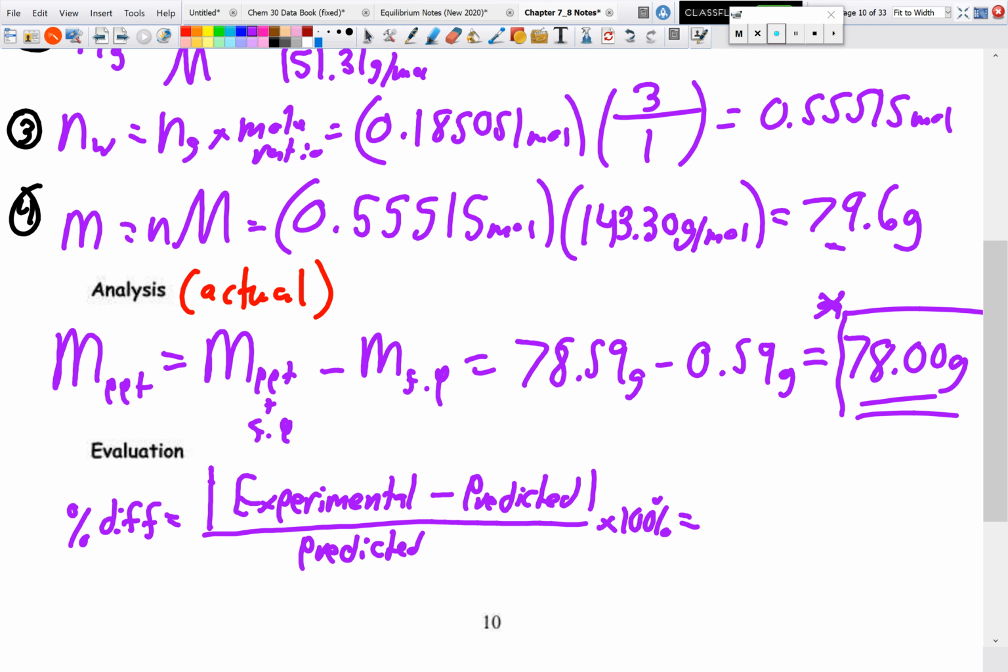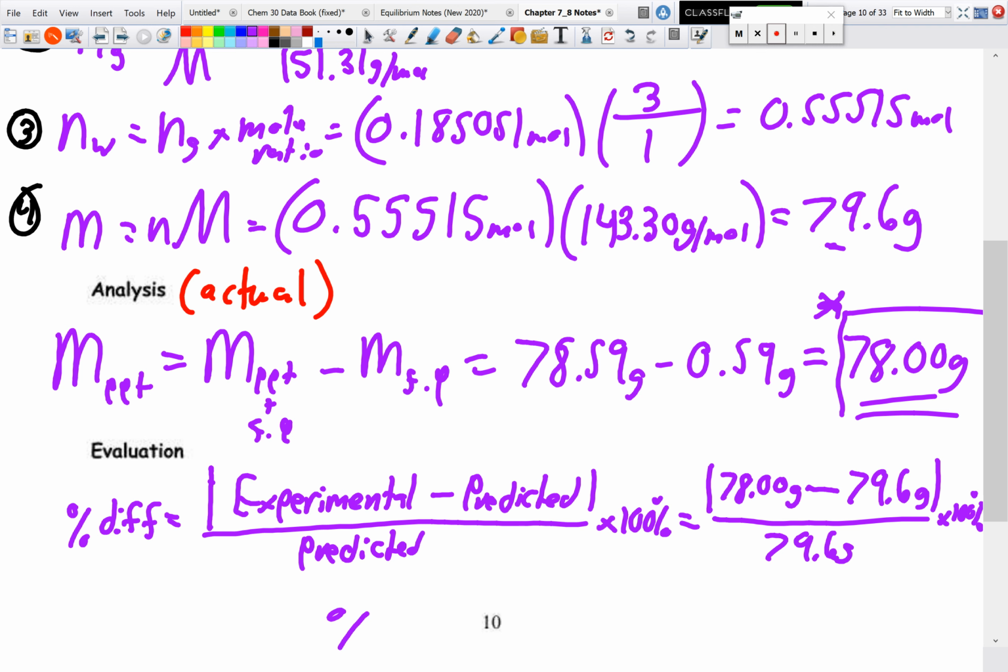So our experimental value is, of course, the one that we actually collect, right? So that is our 78.00 grams minus our predicted, that's our stoichiometry, 79.6 grams, all over our predicted 79.6 grams times 100%.